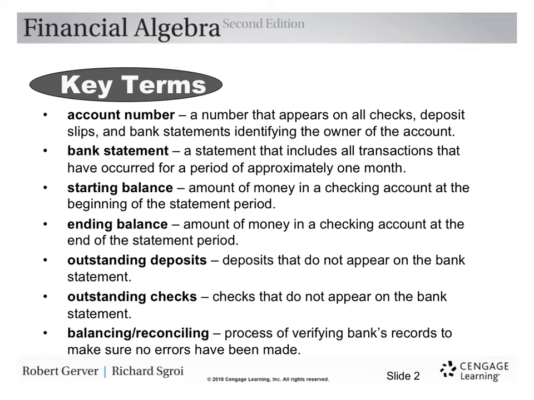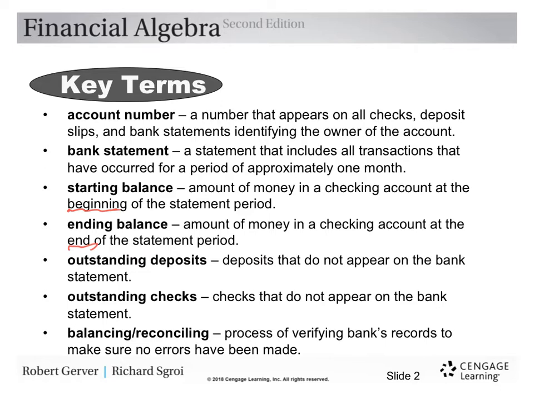The starting balance is the amount of money in a checking account at the beginning of the statement period. So it's key here, this is the beginning of the statement period. The ending balance is the amount of money in a checking account at the end of the statement period.